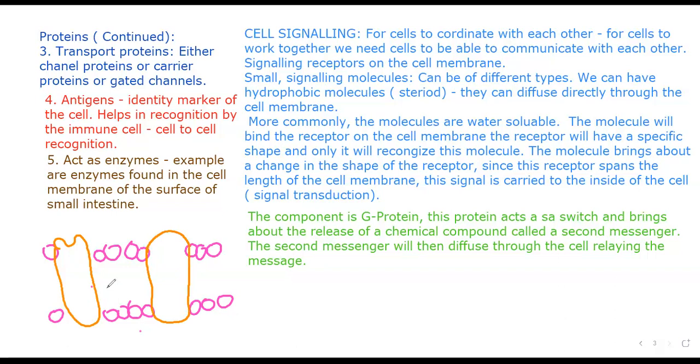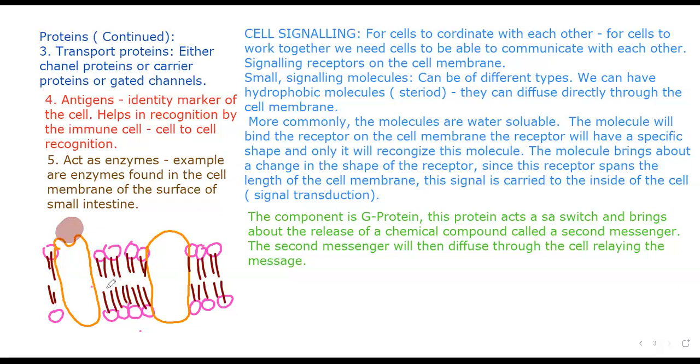So what is the process actually going to look like? This is my protein receptor. My signaling molecule is going to come and bind to the protein receptor.